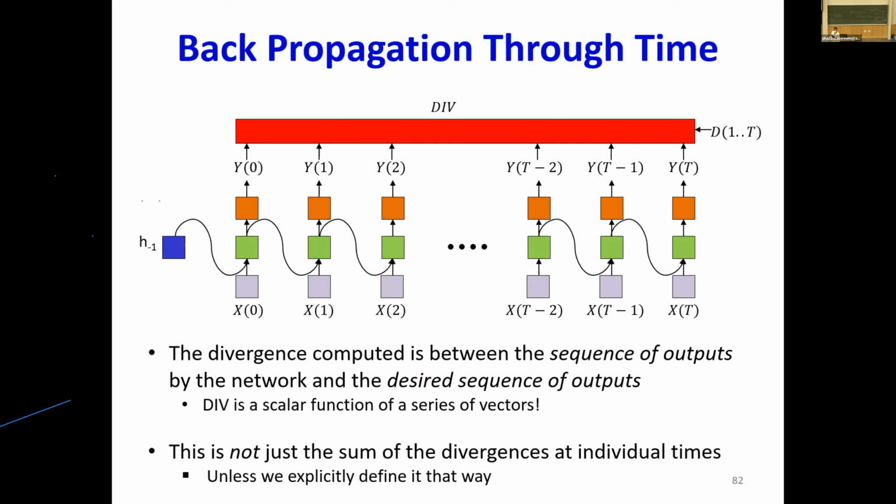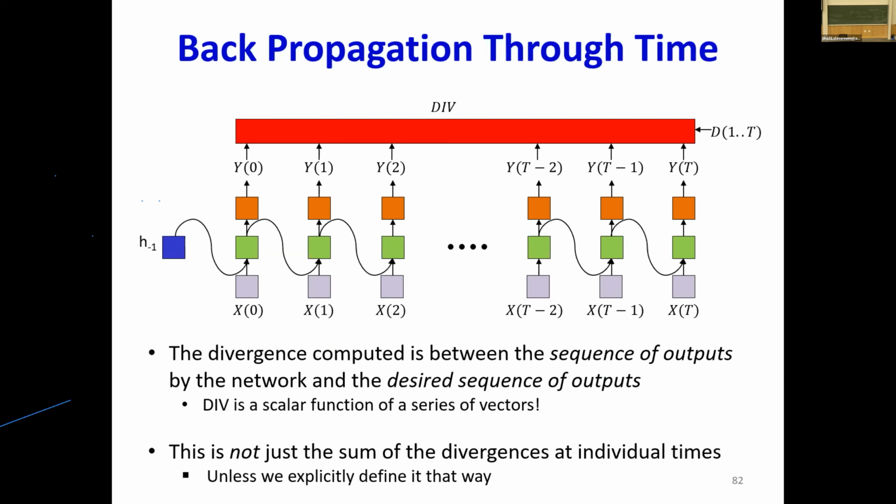The first thing you're going to do: you have the entire sequence of outputs Y. You have the desired sequence of outputs D, which is provided as part of the training data. You will compute a divergence between the desired sequence of outputs and the actual sequence of outputs. Again, this is not just the sum of the divergences for the individual outputs. This is a sequence model.